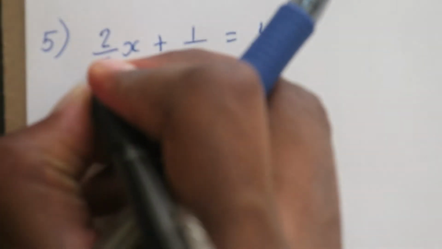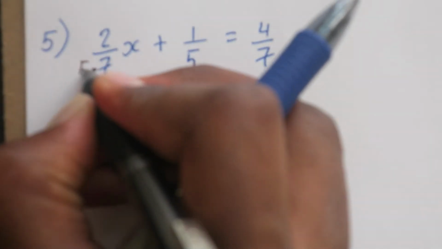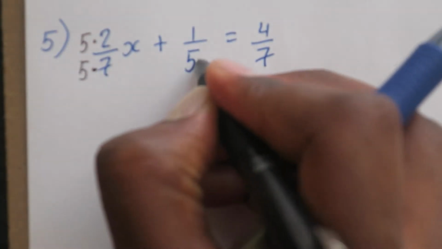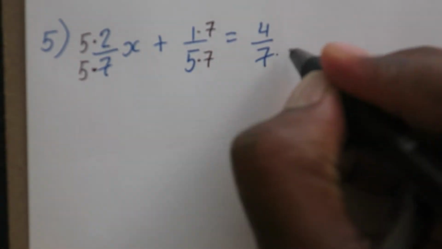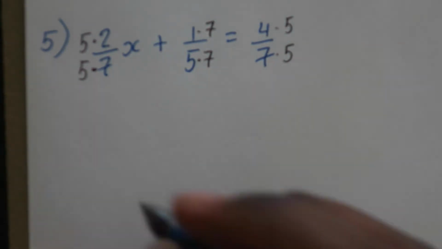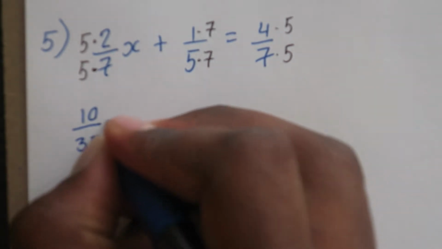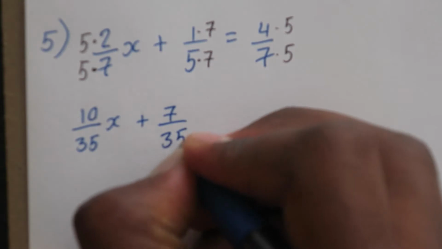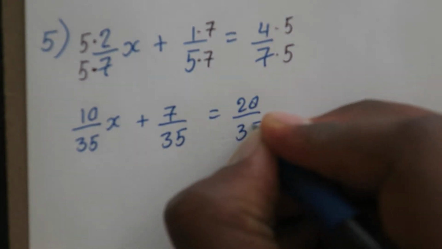So 7 goes into 35 5 times, multiply the top and the bottom by 5. 5 goes into 35 7 times, top and bottom by 7, top and bottom by 5 here. And we get 10 over 35 x plus 7 over 35 equals 20 over 35.